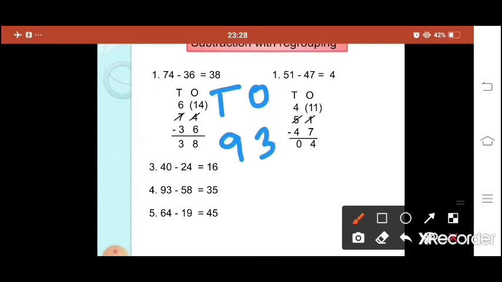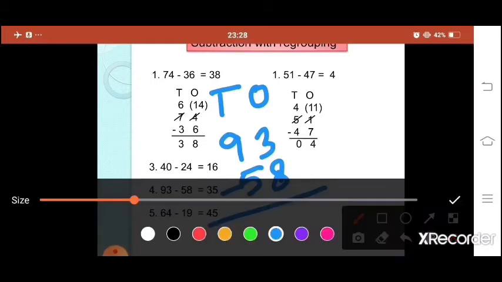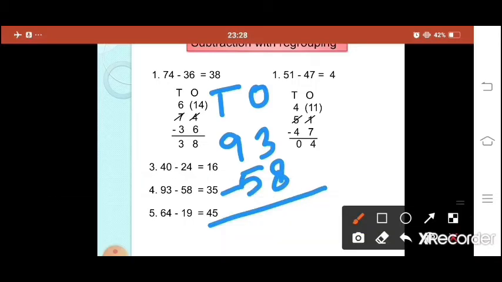93 minus 58. So similarly we will take 1, so it will become 13. This one becomes 8.